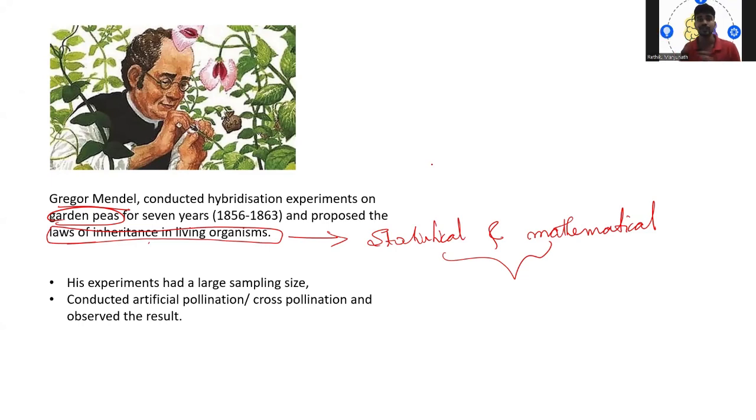Now it was very complicated. In biology, basically we go through the theory, not the mathematical equations or statistical analysis, which was nowhere introduced in the 19th century. So he was the very first person who used mathematics and stats to analyze the result.